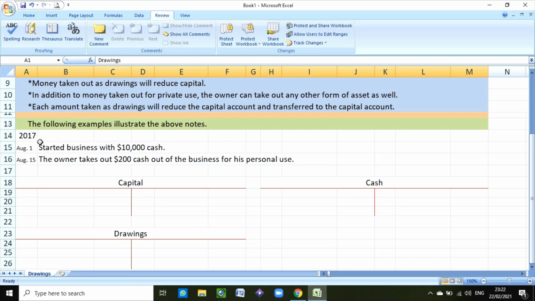So the first transaction is August 1st, 2017, started business with $10,000 cash. For this particular transaction, we would need to debit cash, and we would need to credit capital.